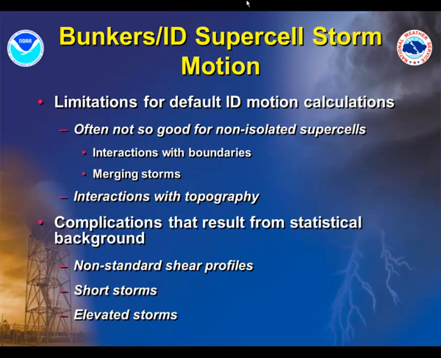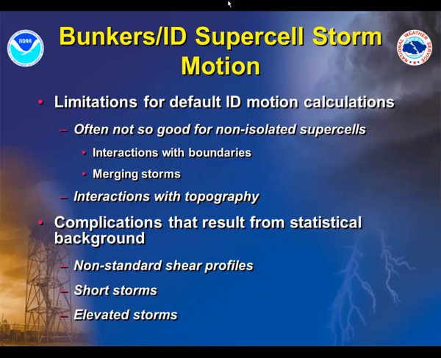Now the limitations for the default ID motion calculations: if you don't have isolated supercells, it's not as good. Interactions of the storms with boundaries, merging storms, interactions with topography affect propagation, and that's not internal dynamic propagation, it's a different type of propagation, and so it's not really designed to handle those situations. Also, complications can result from the statistical background.